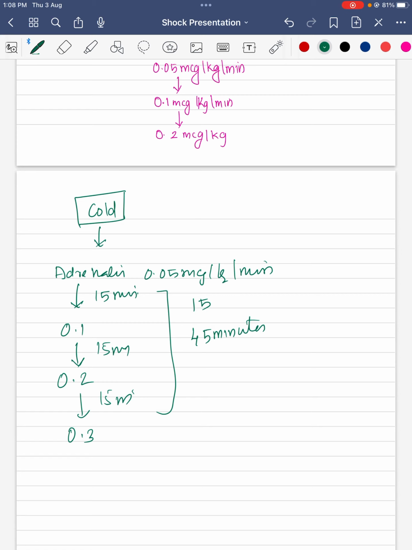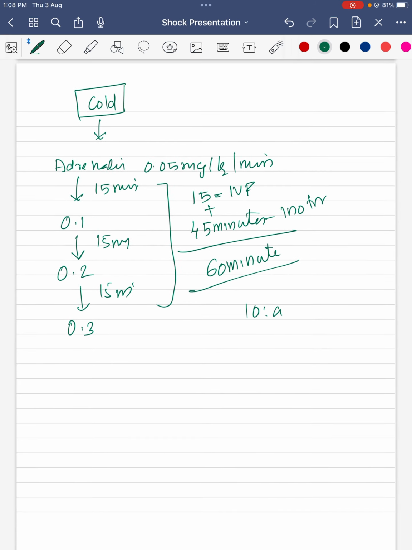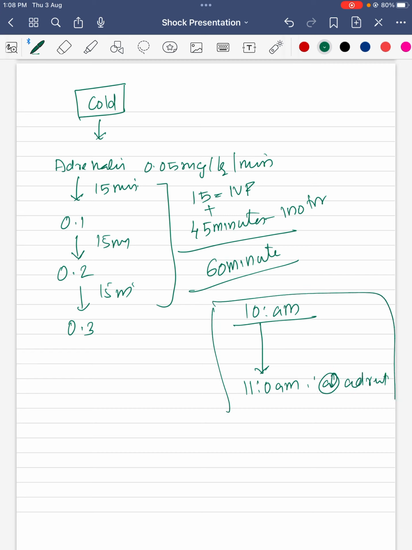Where is the other 15 minutes? In the initial 15 minutes the management is IV fluid, so 45 plus 15 inotrop, so 45 minutes, 60 minutes, which means when the patient comes at 10 a.m., if the child is not responding, by 11 a.m. the child should be at the highest dose of adrenaline. Keep this in mind.